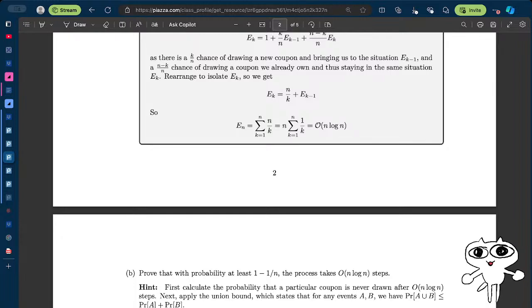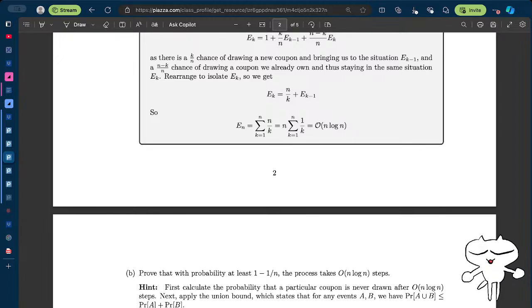Okay, so I'm assuming that the probability that a coupon will be drawn is 1 by n, right? The probability that a coupon will not be drawn is 1 minus 1 by n.